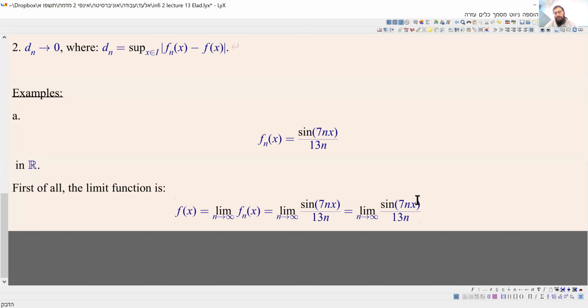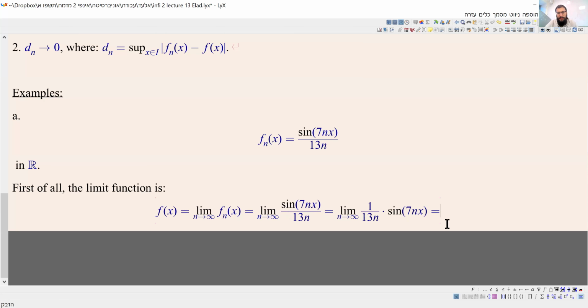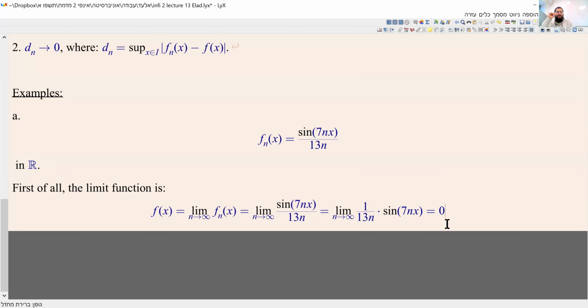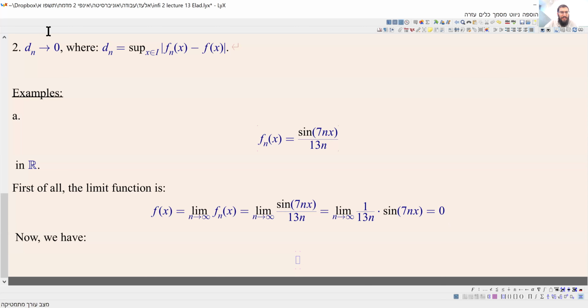One can write it down as 1 above 13n multiplied by sinus, and it is 0. A function that goes to 0, I call it in Hebrew afisa, a zeroing function, multiplied by a bounded one, still goes to 0. And now we can look at the dn.